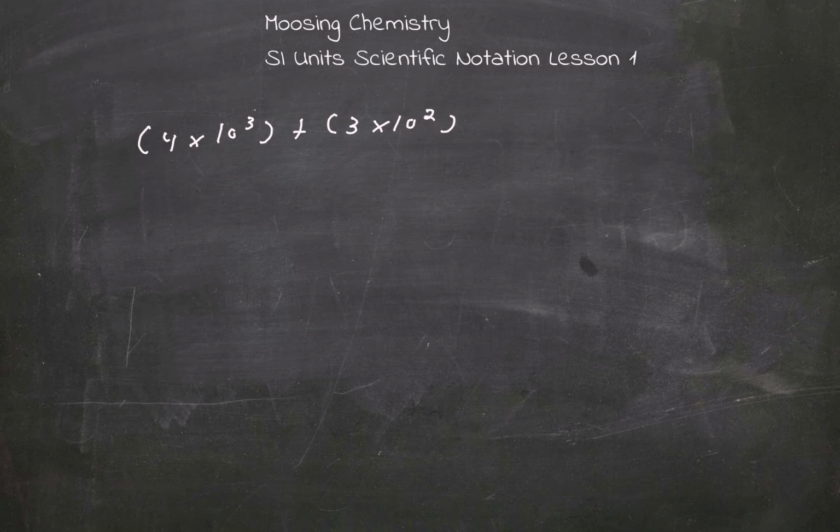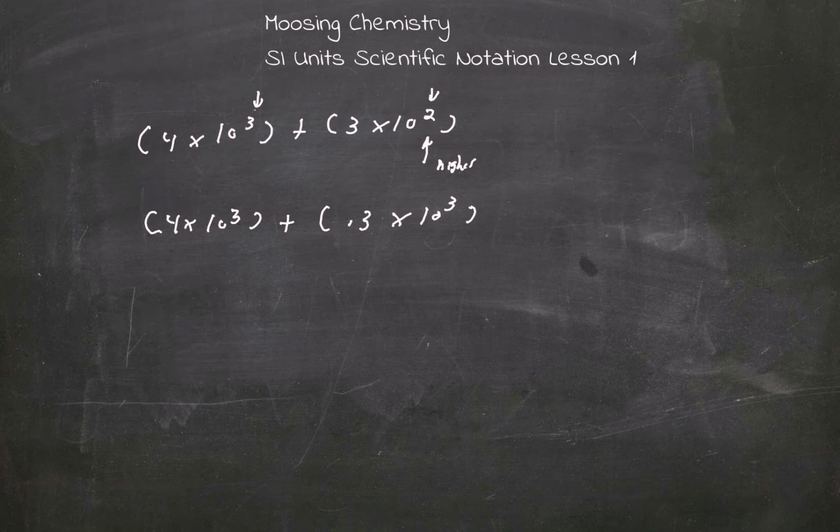Okay, now when we look at that, we want these exponents here to be the same. When you add, you're going to bring this one up higher. You're going to make this one higher. So this becomes 4 times 10 to the third plus 0.3 times 10 to the third.